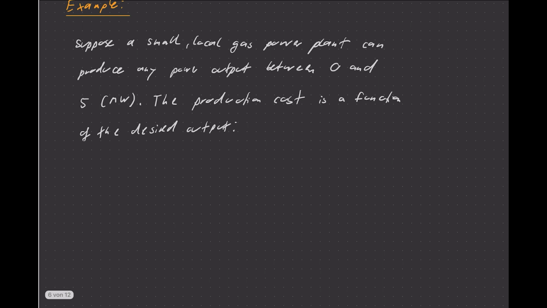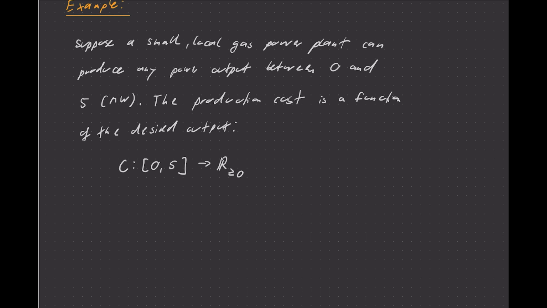And let's say that function, let's call it C for cost. That's defined in the following way. The input is some value between 0 and 5, both limits inclusive. And the output is a cost, so it's a real number, and it shouldn't be negative, right? A cost is not negative, but it might be 0.